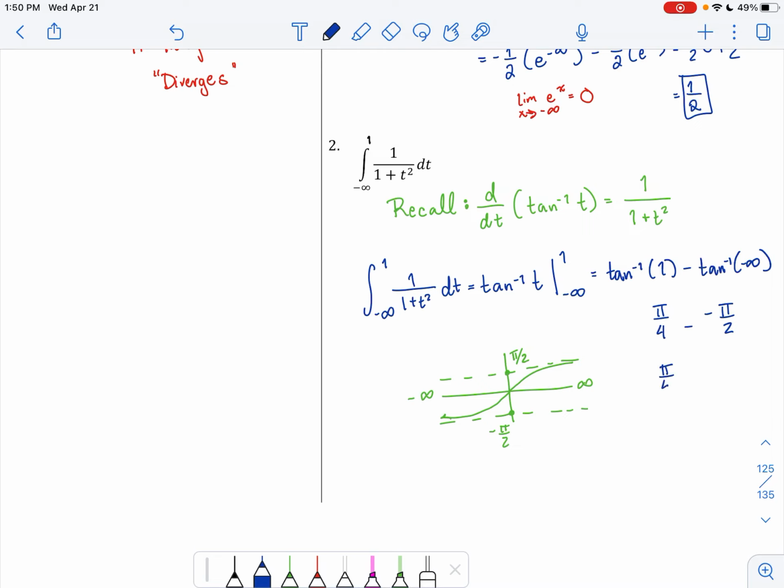So then pi/4 plus pi/2, this also converges to 3pi/4. So we have two different types of convergent improper integrals in these examples, and we will look at the other type tomorrow. So good luck on these problems, and if you're stuck, please let me know.